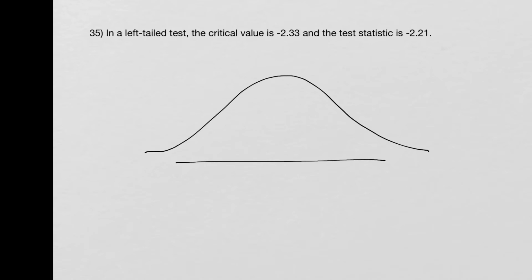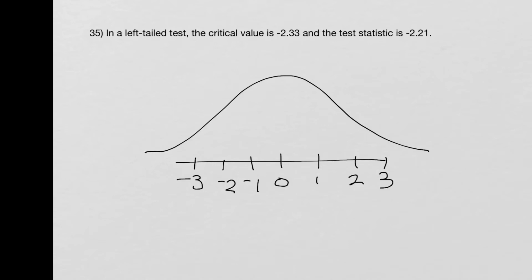Now let's take a look at 35. Here we have a left tail test. So I'm going to start by drawing my distribution. Find the center is 0. 3 standard deviations to the right, 1, 2, 3. 3 to the left, 1, 2, 3, negative.